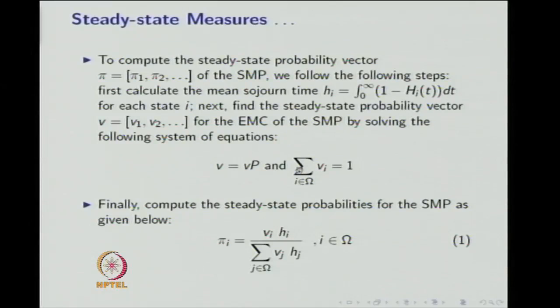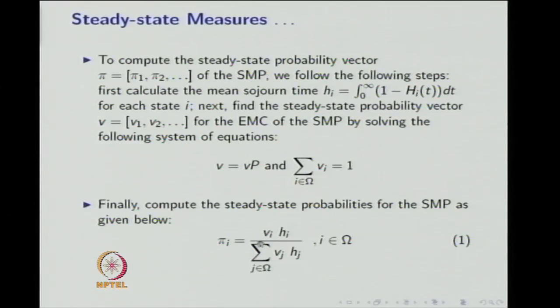V is equal to V P is a homogeneous equation, and including summation of V i is equal to 1, you will have a non-homogeneous system of equations. So you can get the non-trivial solution satisfying these two conditions. Once you know the V i's, you can compute the steady state probabilities of the semi-Markov process.